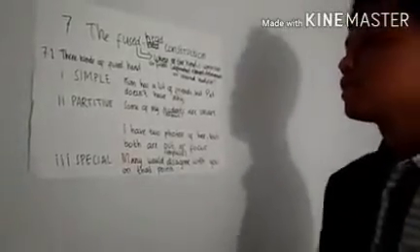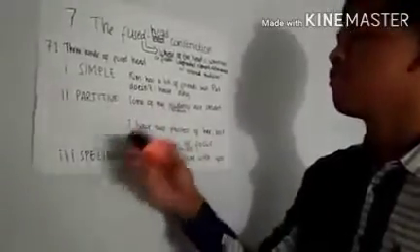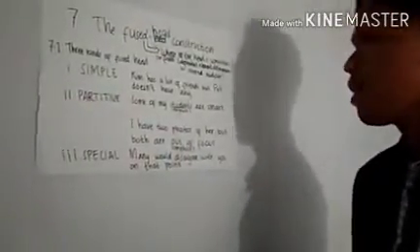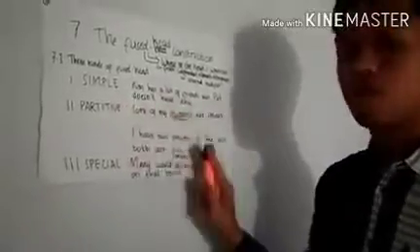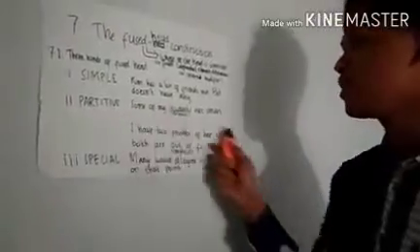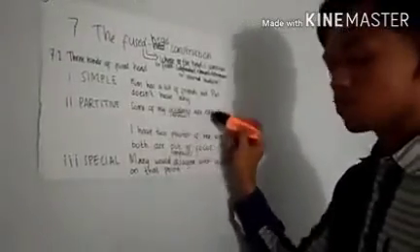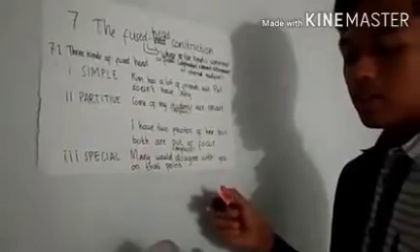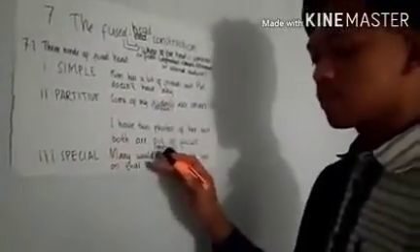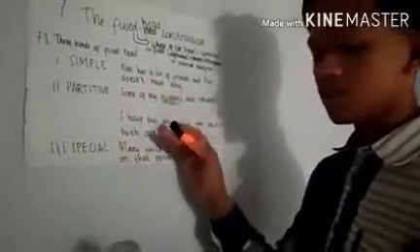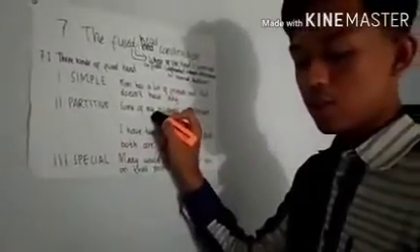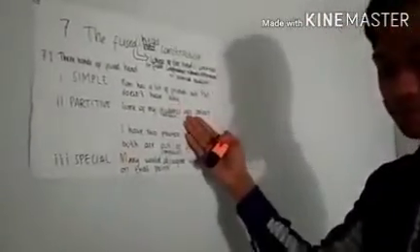Alright, for the form number 2, the partitive. Partitive has 2 forms, that is explicit and implicit. The example for explicit: some of my students are smart, meaning the fused head followed by a partitive preposition complement, such as of my students in this example.